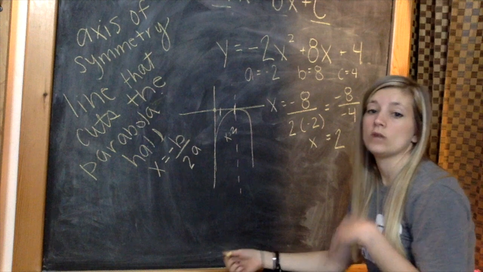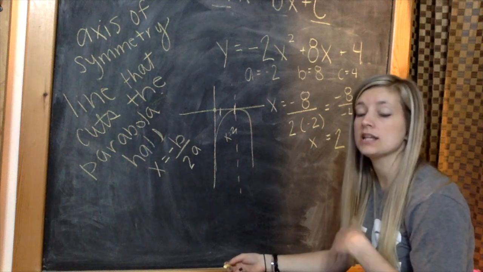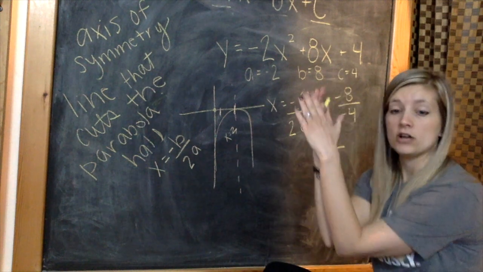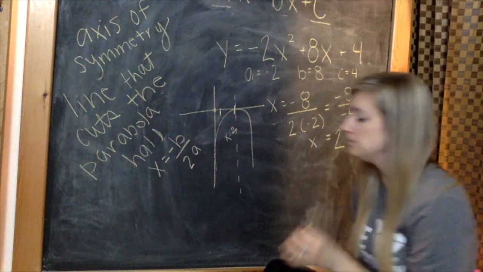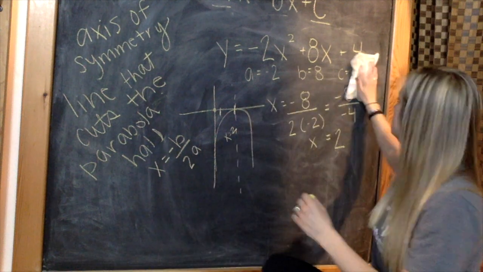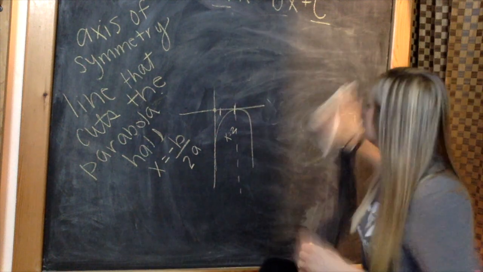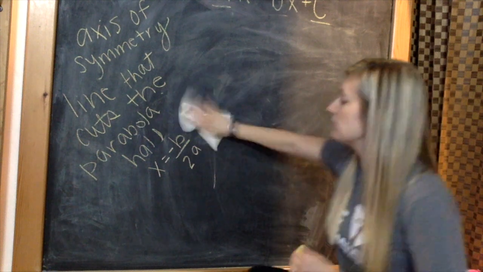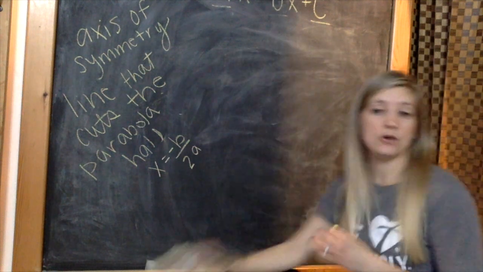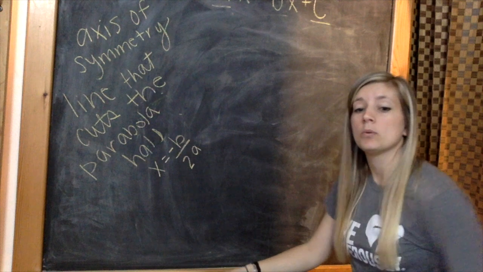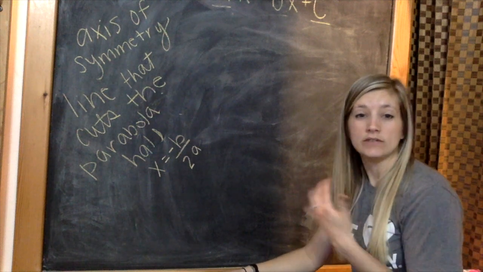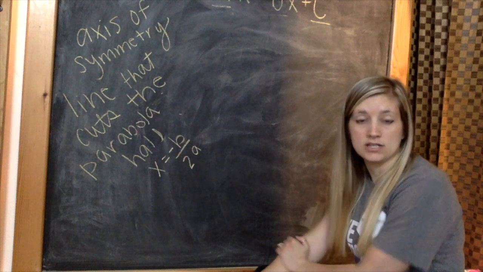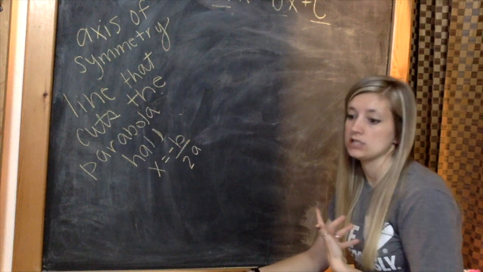So again, we're not going to have a perfect graph yet, but we should at least be able to visualize where that graph is folded in half. Okay, let's try another one. It's not always going to come out perfect, and that's totally okay, because remember, once we get into actually using these and solving these, we're most likely going to have Desmos to help us out, so we won't have to do all of these fractions by hand.